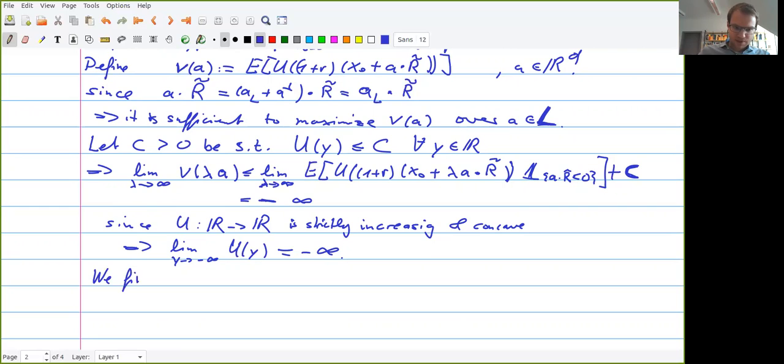So let me now fix lambda and introduce the set F of lambda, which is the set of all a in L. L was the linear subspace we actually care about in our maximization problem, because the rest gives us 0 anyway.